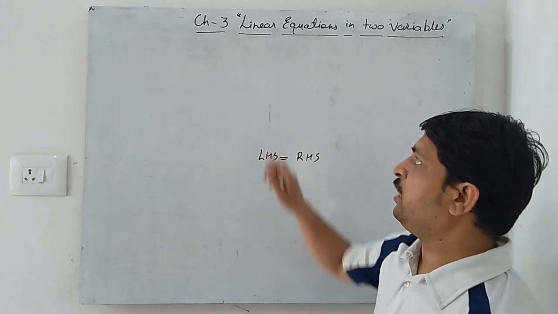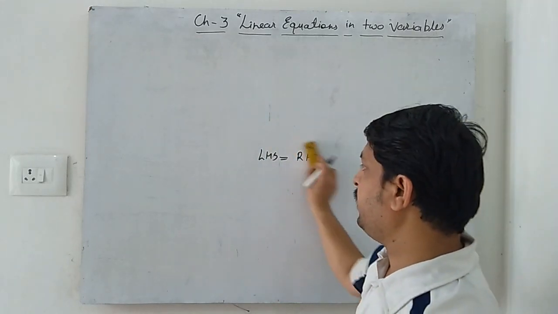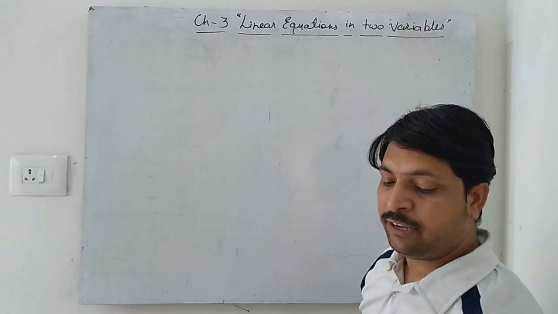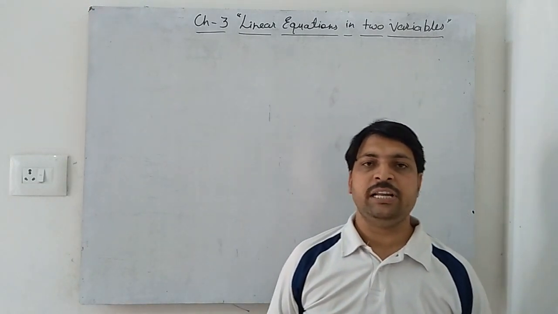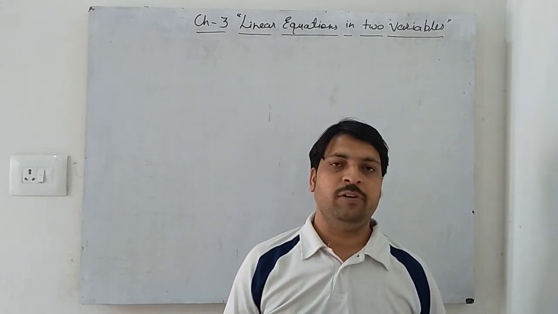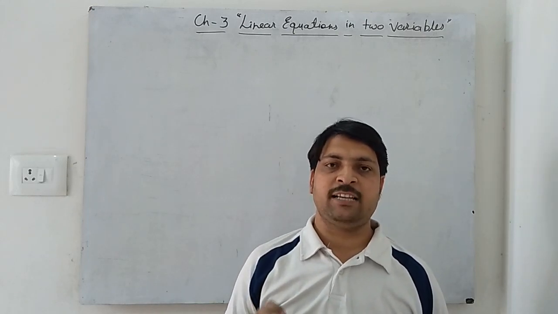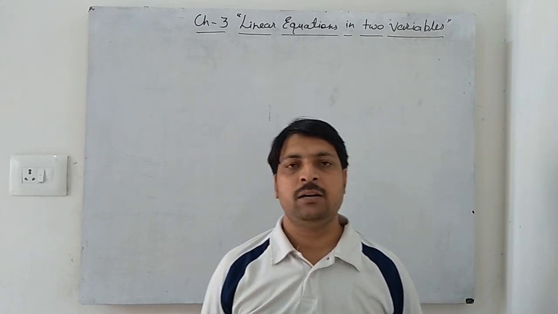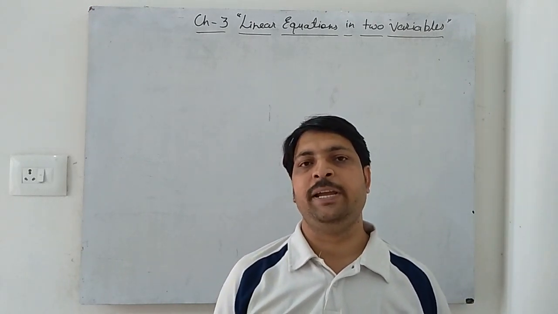So what is the meaning of linear equations? What is the general form of a linear equation? In a linear equation, the degree of variables, or the highest power of variables, will be only one. They cannot hold x square, x cube and all; only the highest power of variable should be 1.